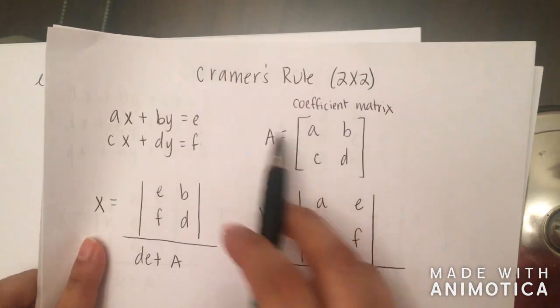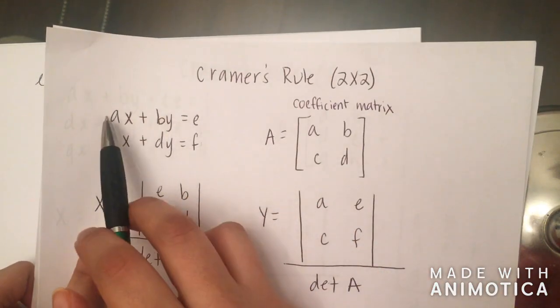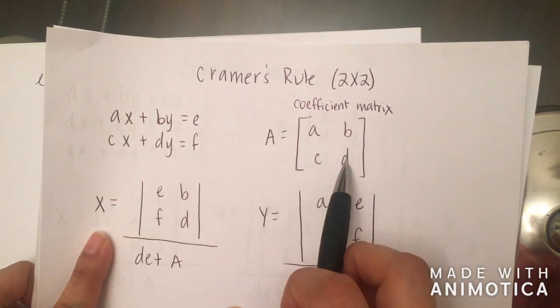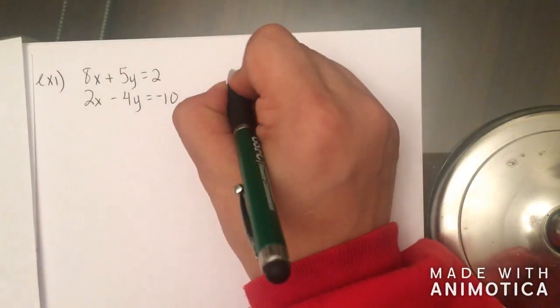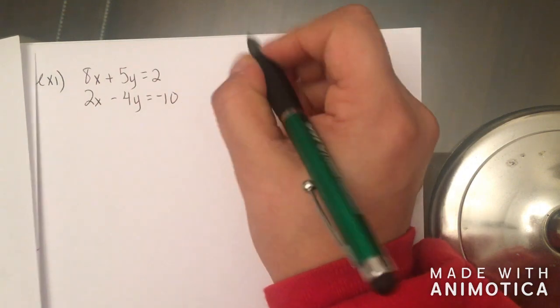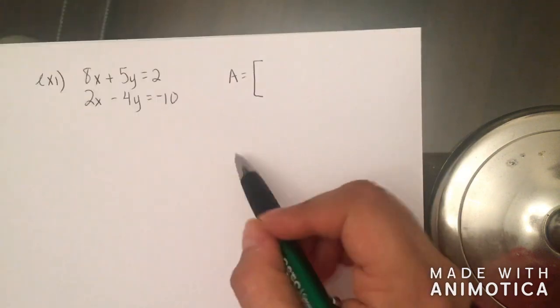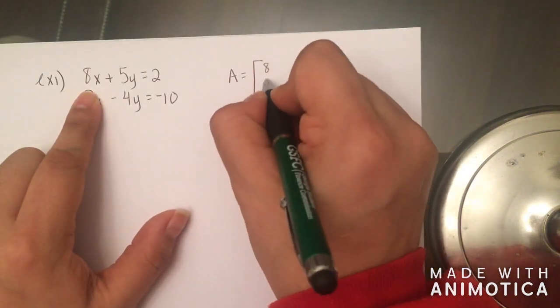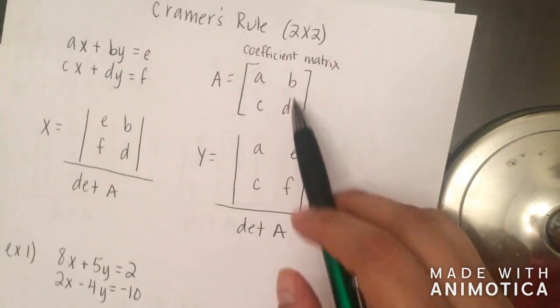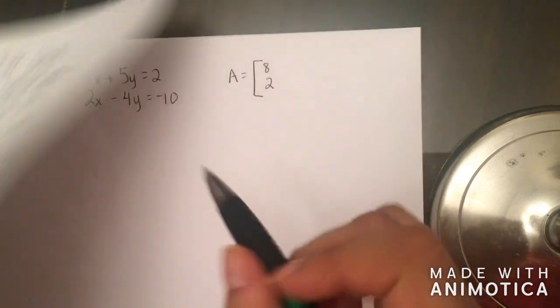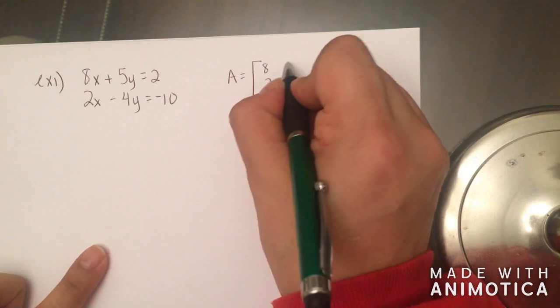Pretty much, they're the coefficients from your x's and the y's, A, B, C, D. So my matrix A for this problem is going to be A and C, which are the numbers in front of x, so 8 and 2. And then B and D, which are the coefficients for the y's. So that would be 5 and negative 4.